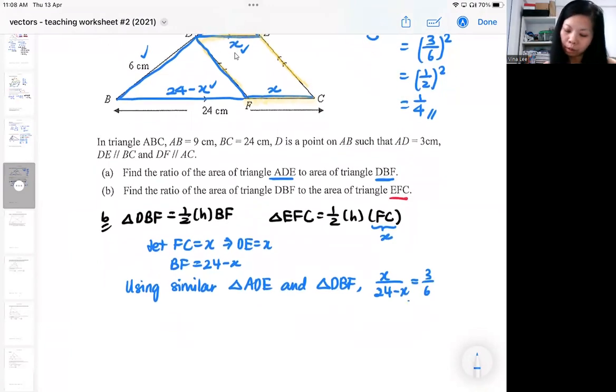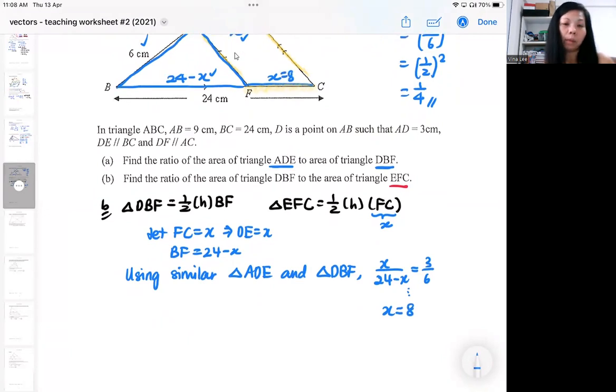So you go for your calculation, and you will get X equal to, I think it's 8. So that will be an 8.